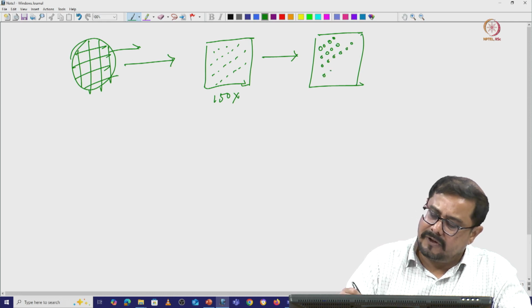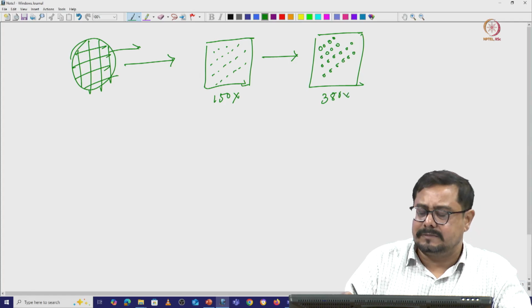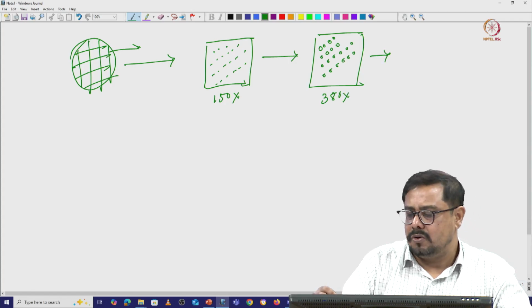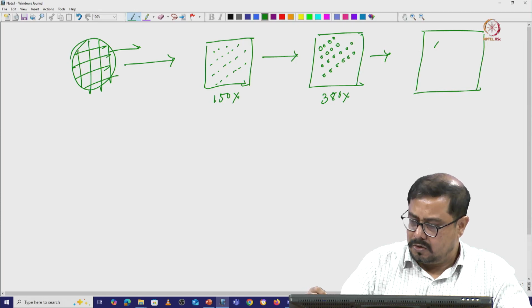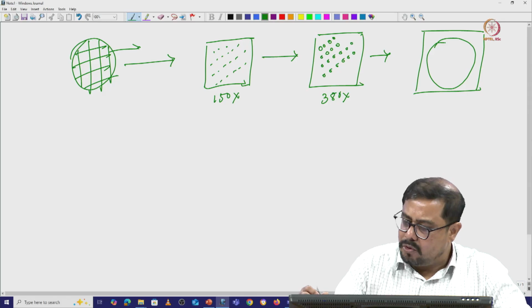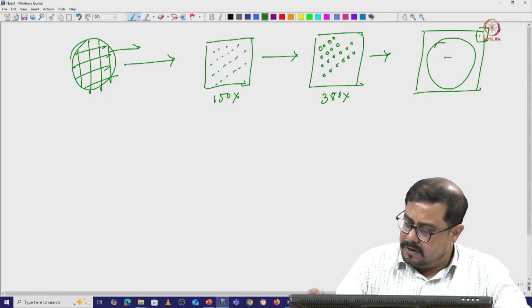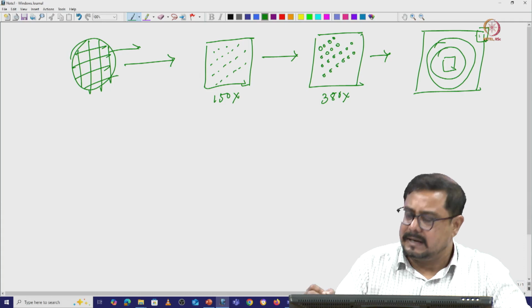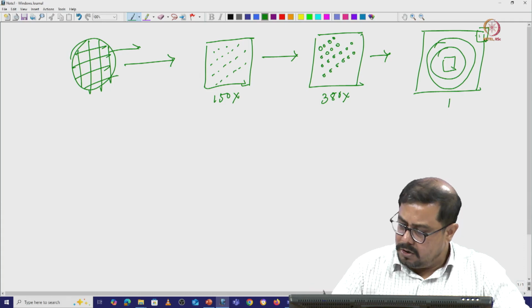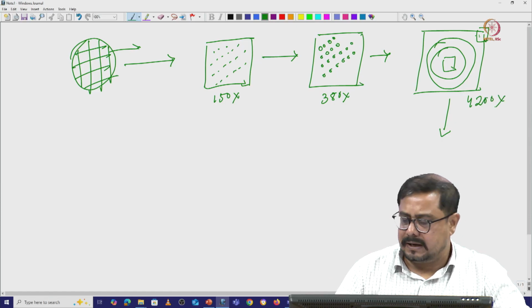At this magnification, we can say that it is 380x. Then this is the square where we have the entire hole. In this hole we focus somewhere here, and then we come back and collect the data here. When we are collecting the data, this is the magnification.